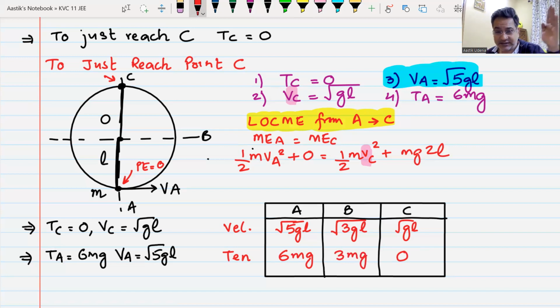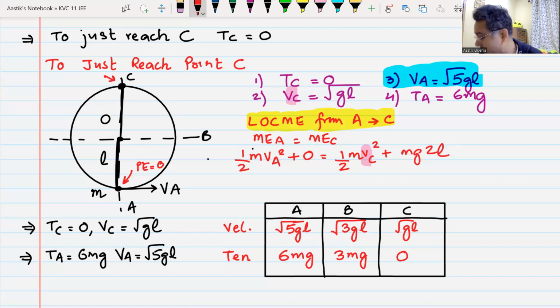There is a certain relation that you can see from A to B to C, whether you talk in terms of velocity or in terms of tension. I will not tell you what that relation is.